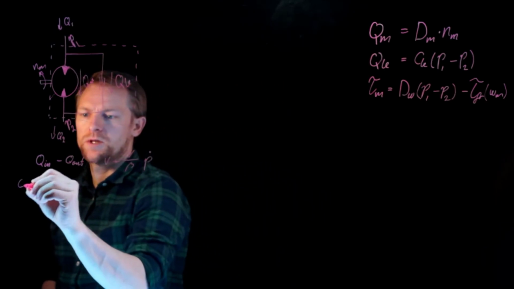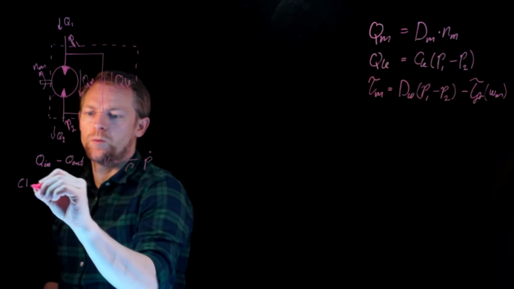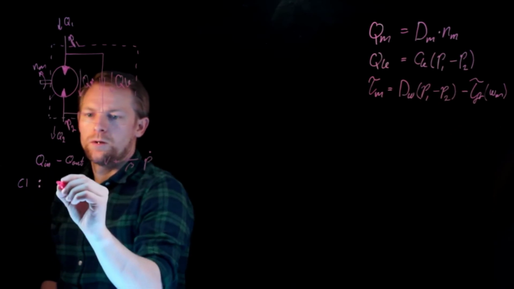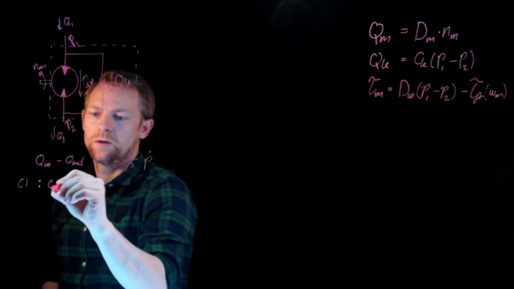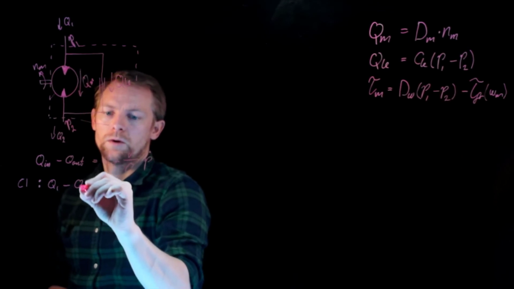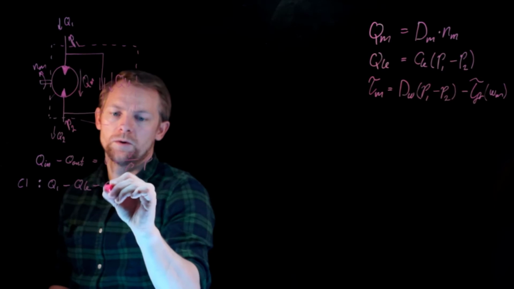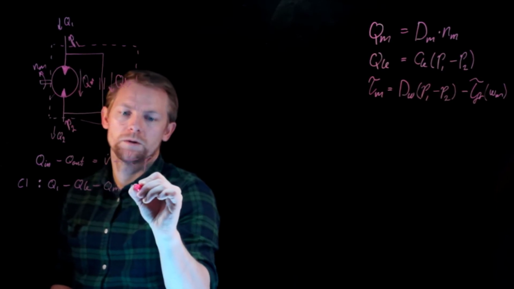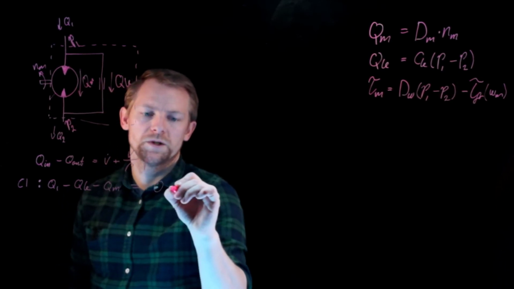So saying that we have a control volume 1, the flow in will be Q1 minus what is then the flow out. We have a leakage flow, we have a flow through the motor. Change in volume will be 0.